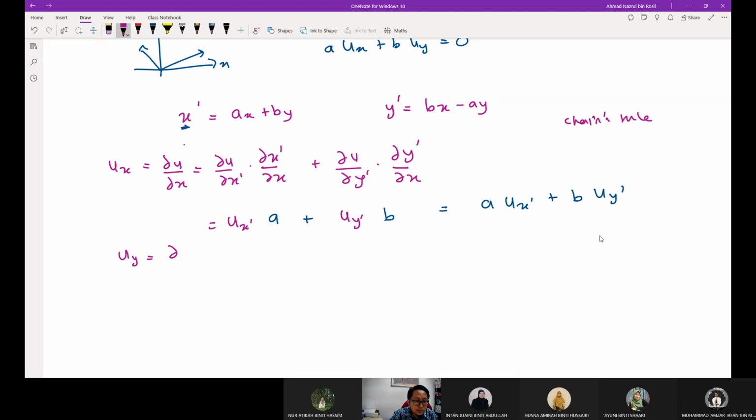Next one will be uy. So the chain rule will be du over dy, du over dy prime, dy prime over dy, plus du over dx prime, dx prime over dy.